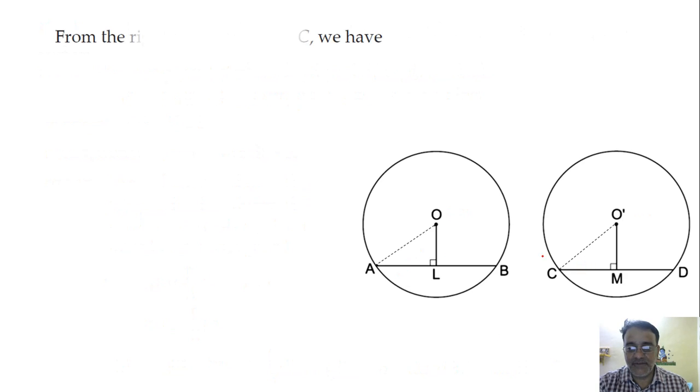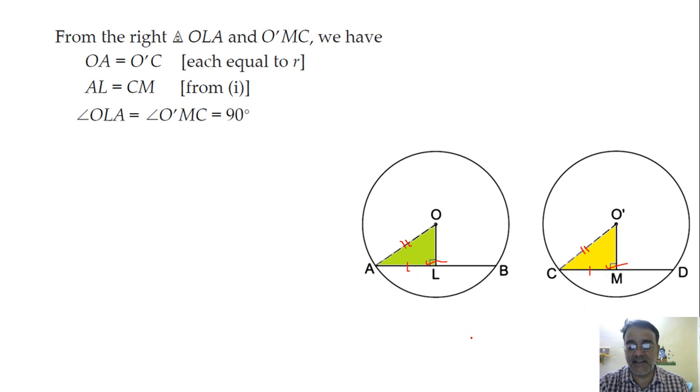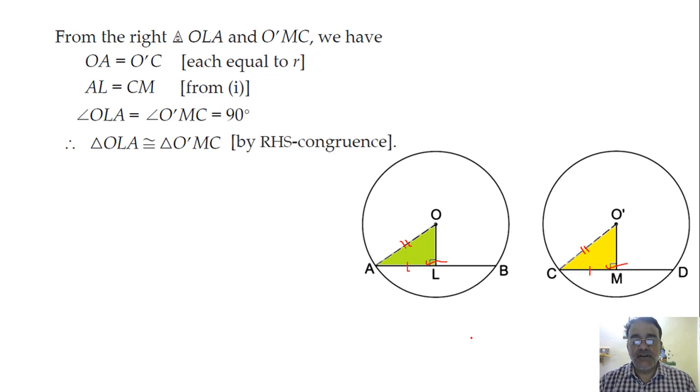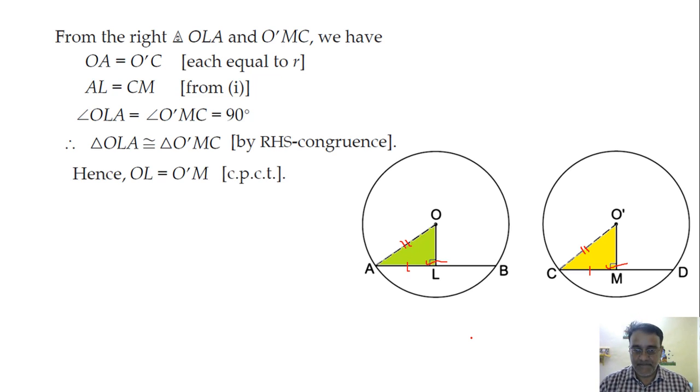Right, now we take these two triangles. AL is equal to CM, proved above. OA is equal to O dash C, radii of the congruent circles, and these two angles are equal, each 90 degrees. So these two triangles are congruent by which criteria? RHS congruence rule. So OL is equal to O dash M by CPCT.